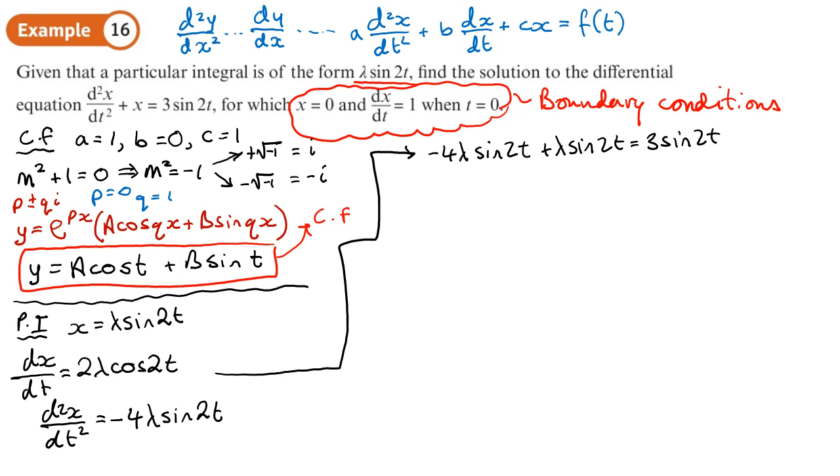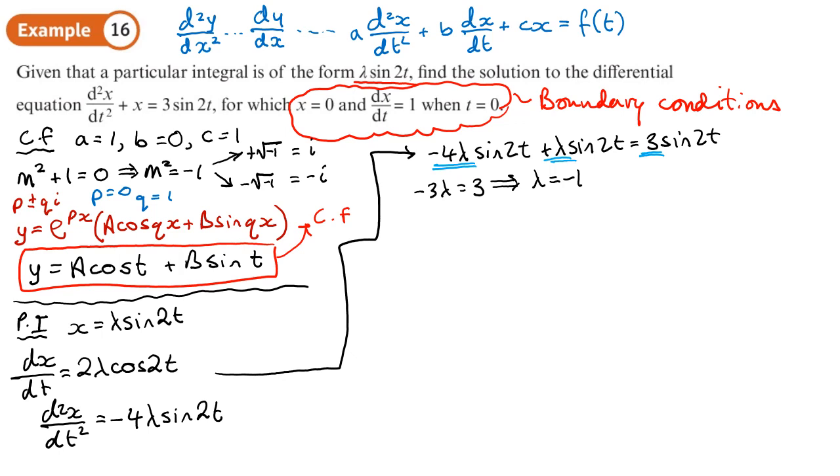So we'll compare coefficients. Over here I've got negative 4 plus lambda, 3 there. That will give me negative 3 lambda equals 3, which gives me lambda equal to negative 1.